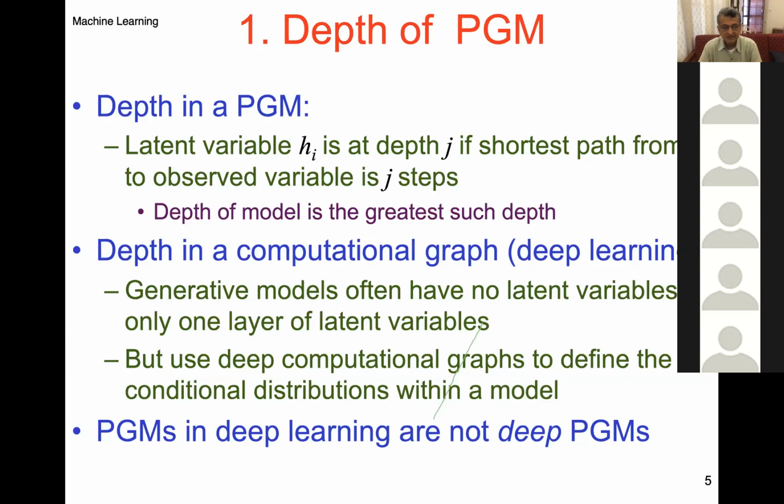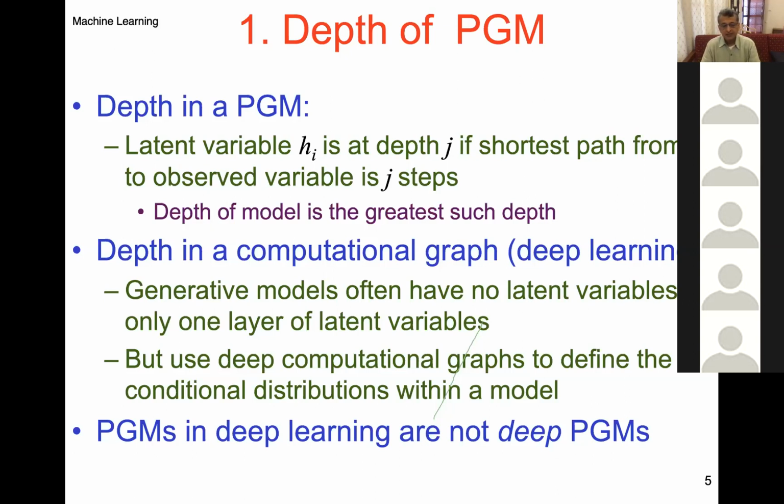It's not exactly the same as variables, but we do have variables, and variables meet at an operation and so on. So the depth in a computational graph represents a depth of operations.